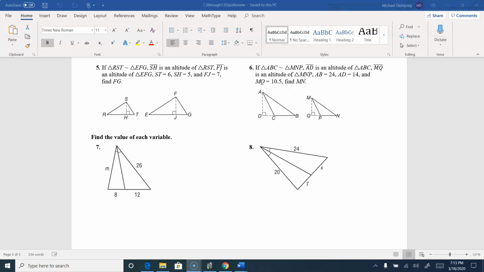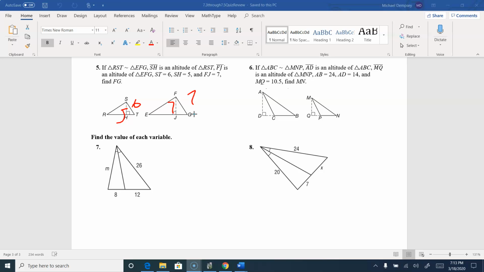So now in 5 and 6, I don't have the numbers and expressions filled in for me, so I have to pay attention to what's labeled here. So I have the two triangles that are similar to each other, RST and EFG. And then they furthermore tell me SH is an altitude, FJ is an altitude, and they're labeled that way as well. So they tell me ST is 6, so that's this piece right here, and SH is 5, that's the altitude. Then in the next triangle, I have FJ, which is the altitude, but I do not know what FG is.